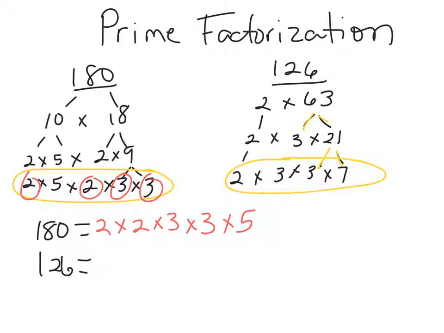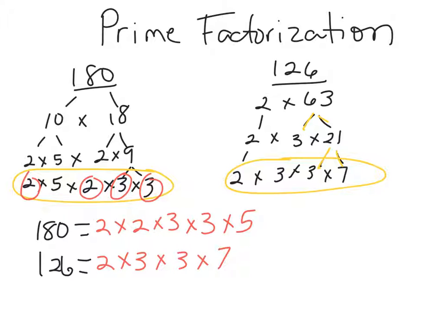126 is a 2 times a 3 times a 3 times a 7. Now I know in the lesson before this I told you to use exponents. We're not going to do exponents at this particular moment because we're trying to find the greatest common factor.